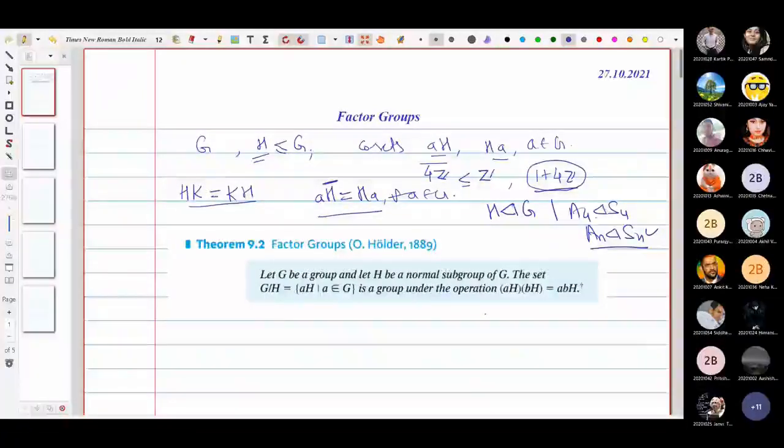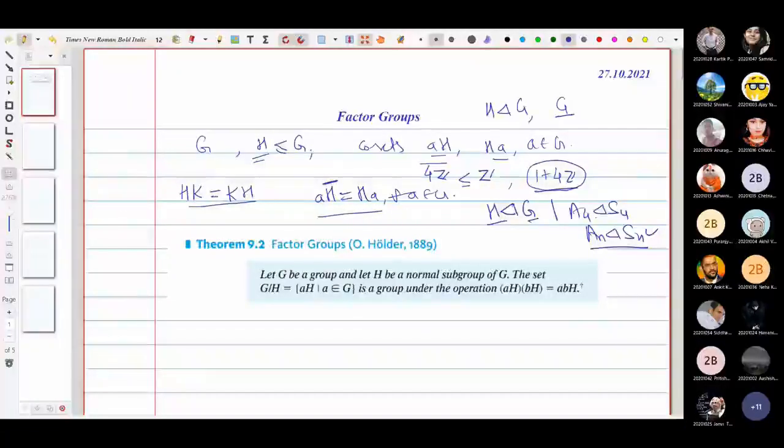When we are considering cosets, we are not taking H to be normal, but just a subgroup. But while considering a factor group, we take a much stronger condition: H is not only a subgroup, but a normal subgroup.